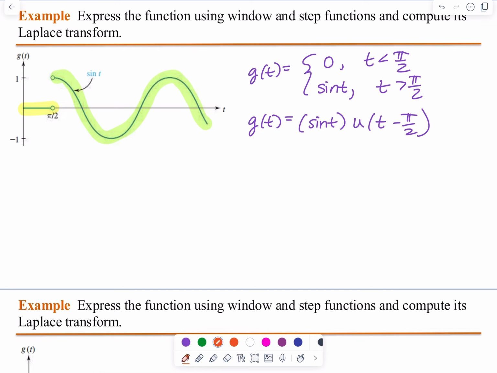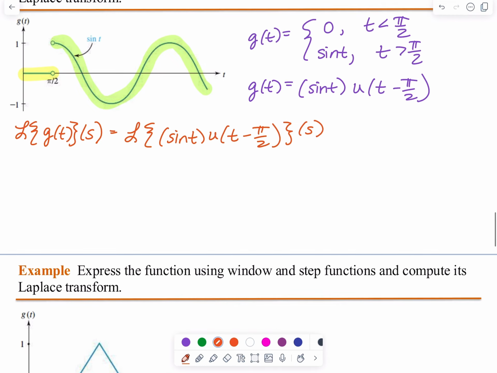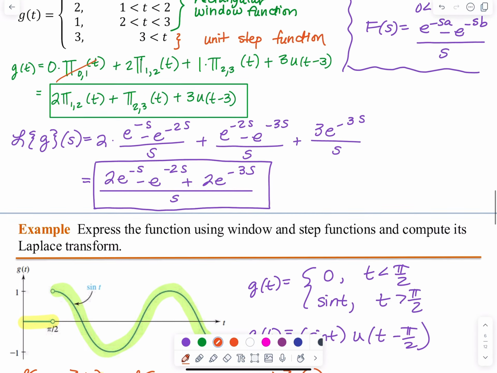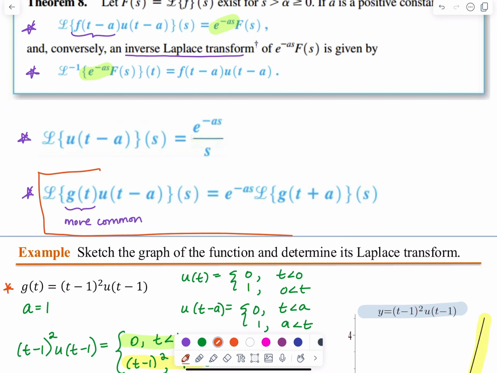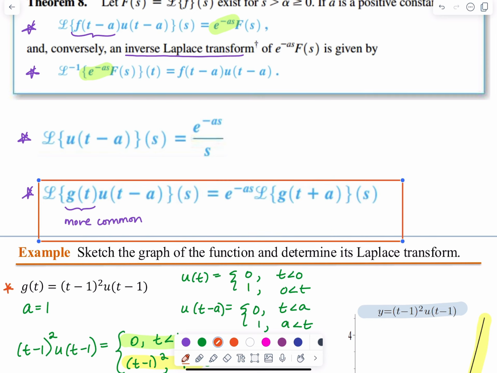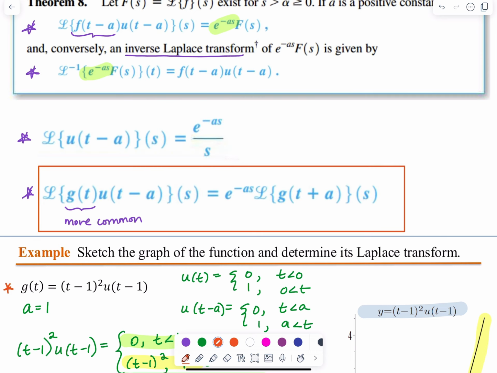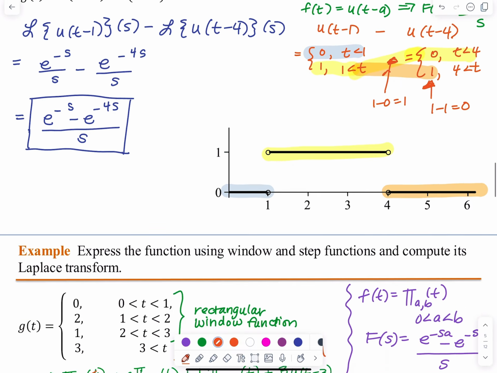So now we will say that the Laplace transform of g of t of s is equal to the Laplace transform of the sine of t multiplied by u of t minus pi over 2 of s. And we have a formula right here, our more common Laplace transform, and we will use that. I will go ahead and rewrite that down here.